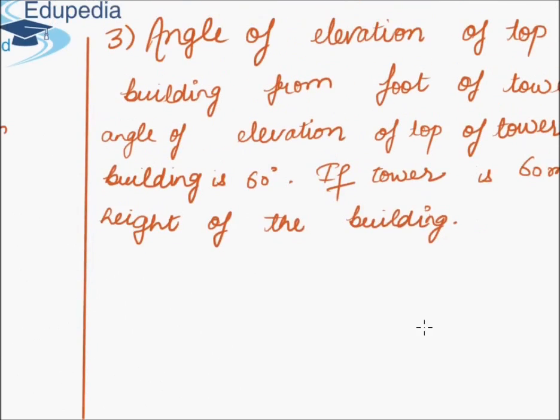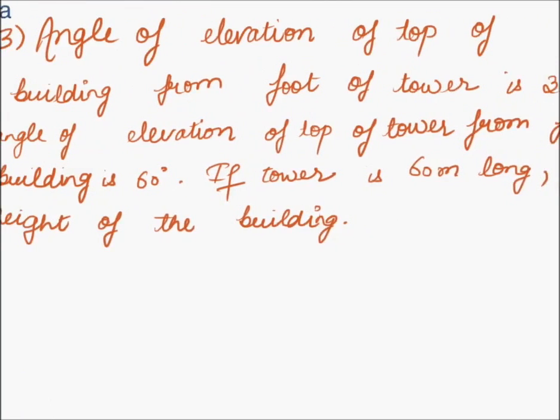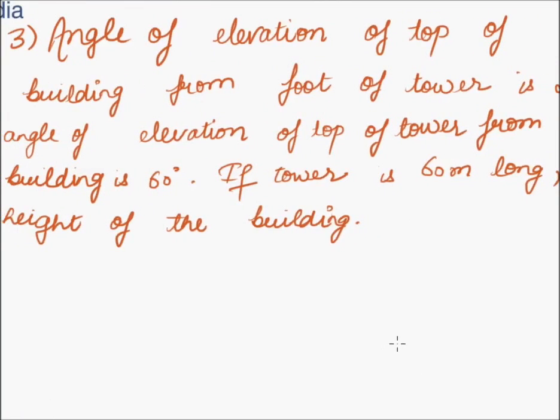Let us have a last question of this video. The question says angle of elevation of top of building from foot of a tower. We have a building and we have a tower.